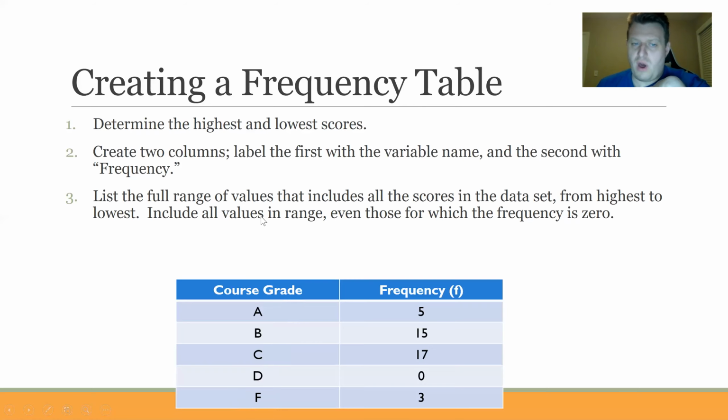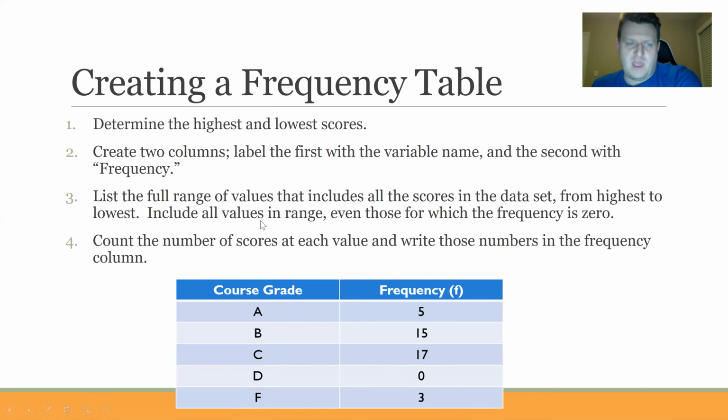Make sure that you include all the values in the range, even if nobody ended up scoring that. So no one scores a D here, but we're still going to include it in the frequency table. We're going to count the number of scores for each of these values and put them in our frequency column here. And so we create a frequency table. Not too difficult.